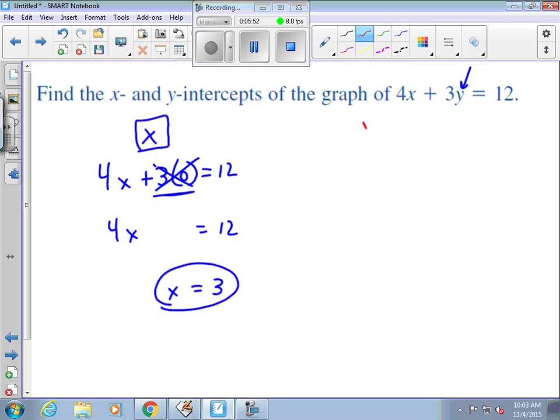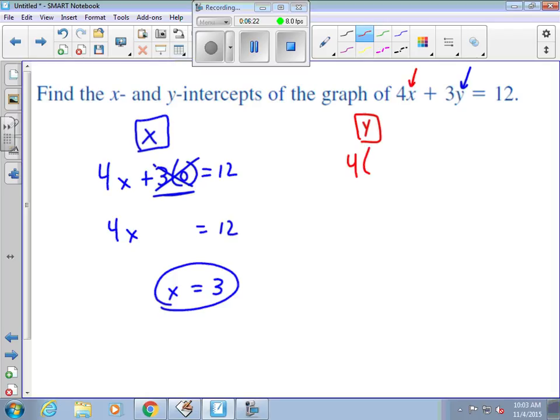Let's find the y-intercept. Take 20 seconds to do that one. Again, if you're looking for the y-intercept, you're plugging in 0 for the opposite variable, x.